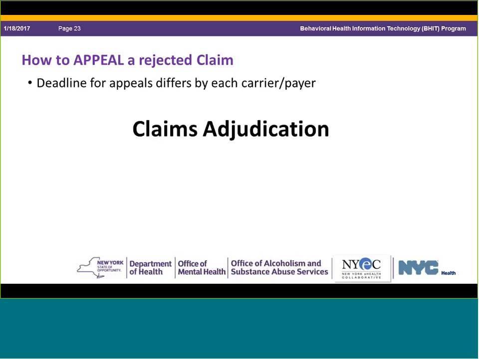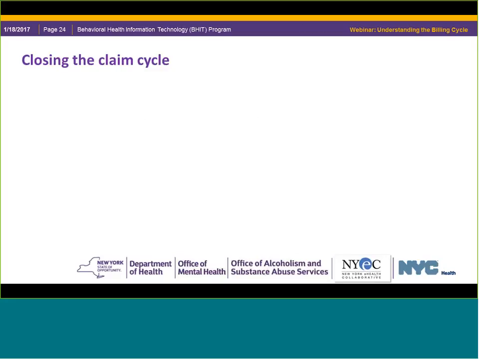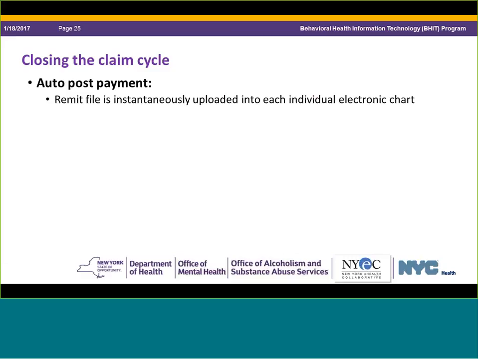So, let's continue, and how the claim is closed in the process. The insurance carrier, the MCO, processes the claim, and they get that information back to you. If it's a clean claim and it's sent with payment, you'll get a remit file. That remit file will get uploaded into the software.